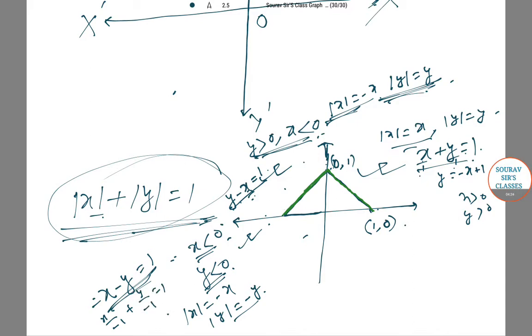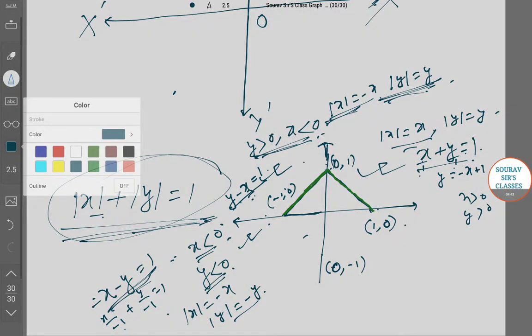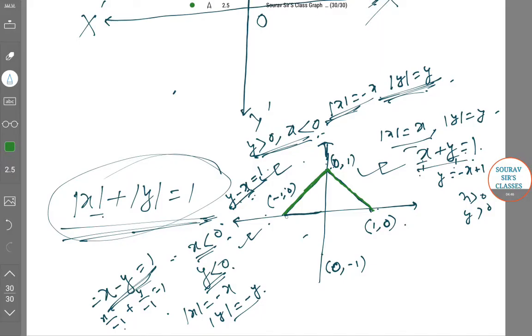So the curve intersects the x-axis at this point, which is minus 1, 0 and intersects the y-axis at 0, minus 1. So let us take again this color and join these 2 points. So it is the line minus x minus y equal to 1.